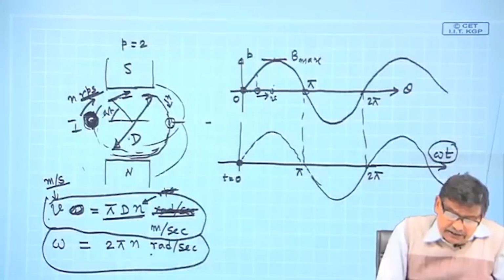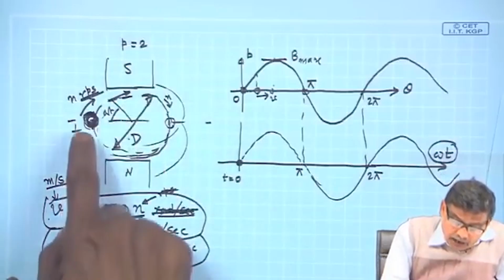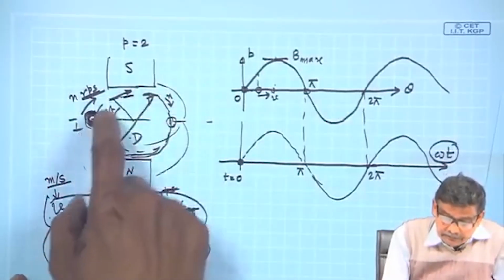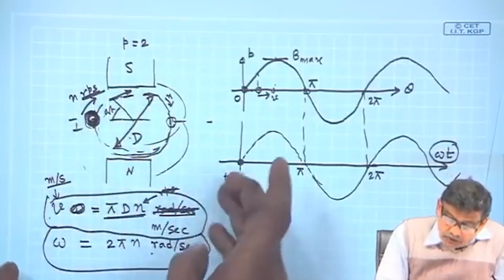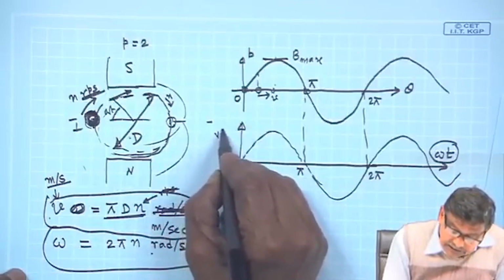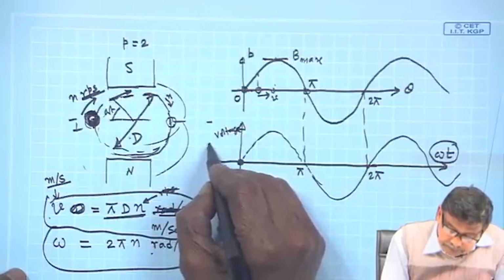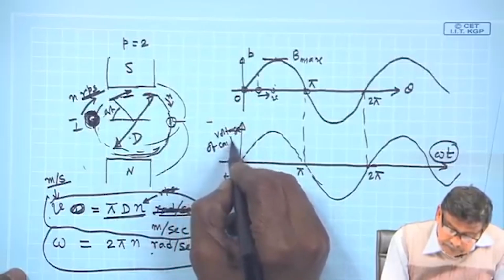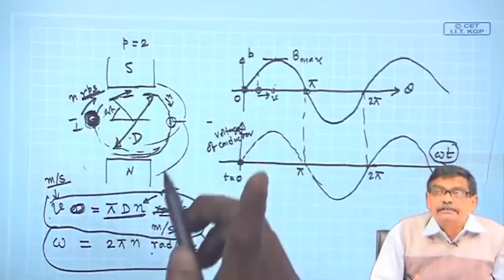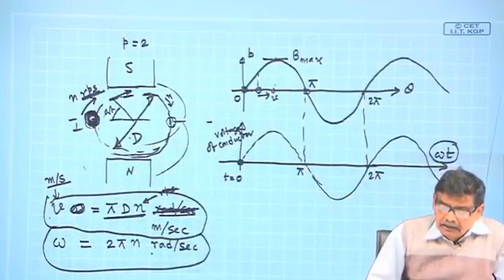The conclusion is, in a two pole machine like this, when the coil makes a 360-degree rotation, your output induced voltage, this axis is voltage in the conductor, that will also make a complete cycle, and that repeats.